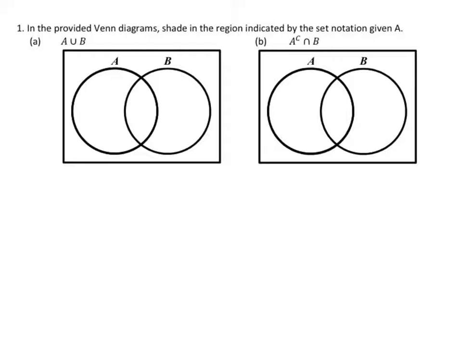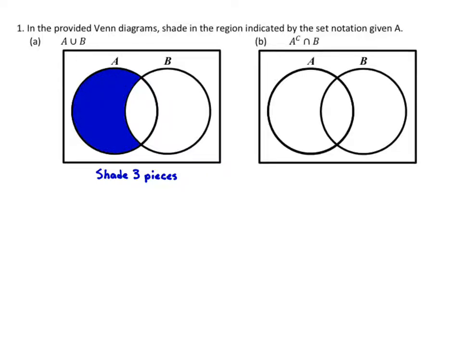Remember what I've told you in the past, when you see the union or the or, you're thinking three pieces. So you're going to shade in three regions of this Venn diagram. When we shade in an or, we're going to shade in all of the first thing. So we're going to shade in all of A. That's A, and that's also A here. So this is all of A, that entire circle.